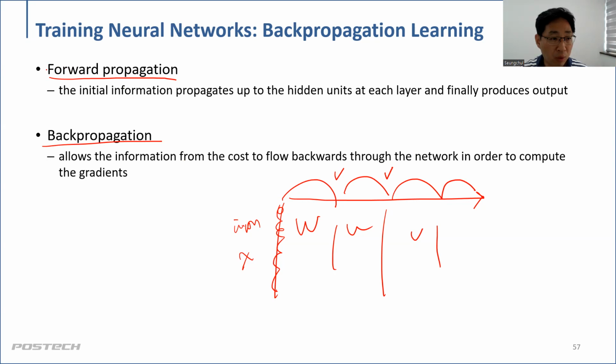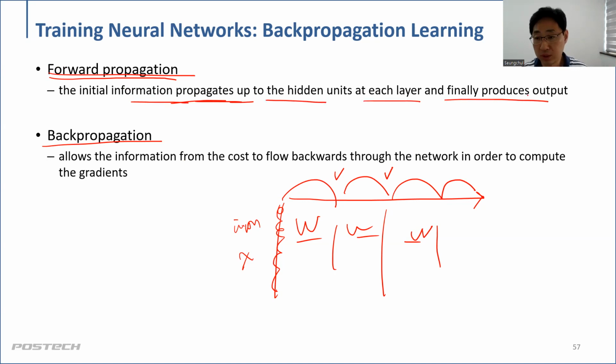So that's the forward propagation, if we have some values for the omegas and the bias. Information propagates up through the hidden units at each layer and finally produces the outputs.